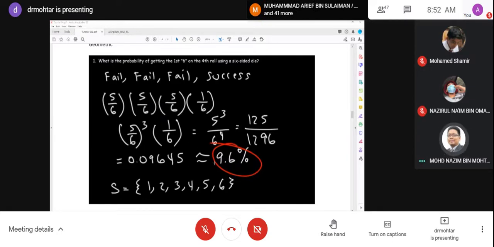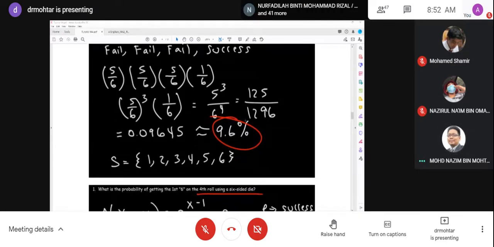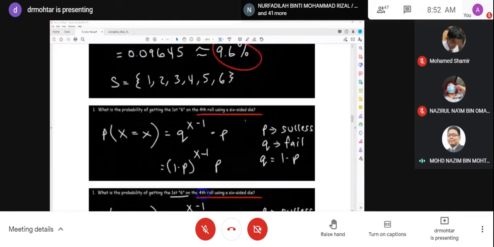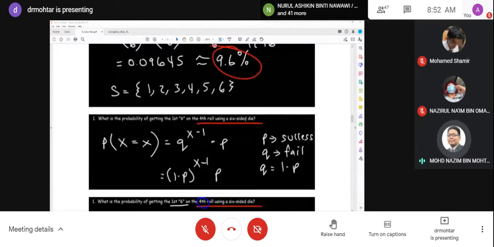So the probability distribution is something like this, right? So this is the hard way. You calculate, and you get the answer. But you can also do it using the formula, right? So this is the formula, the probability of failure to the power of the number of failures, times the probability of success.